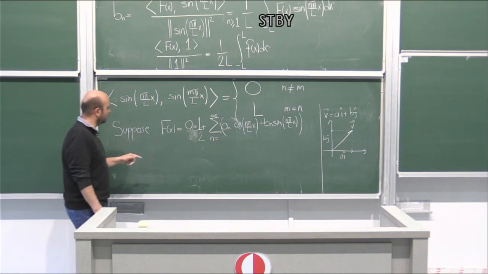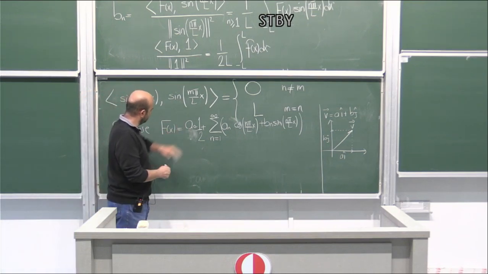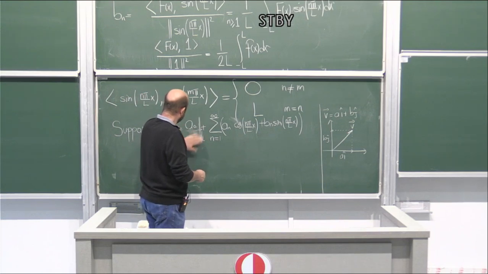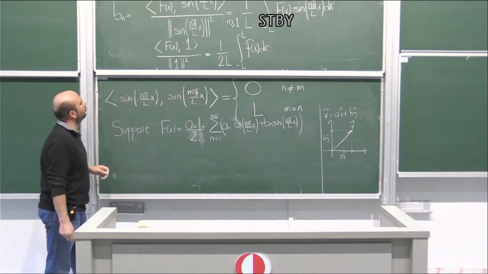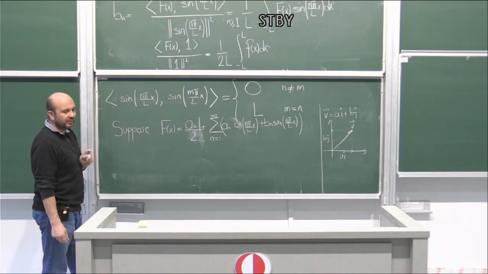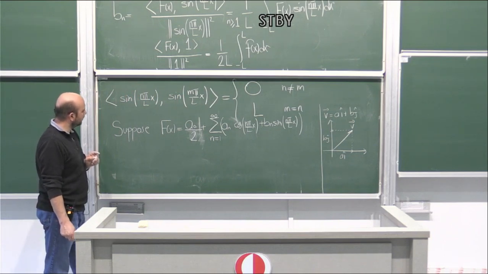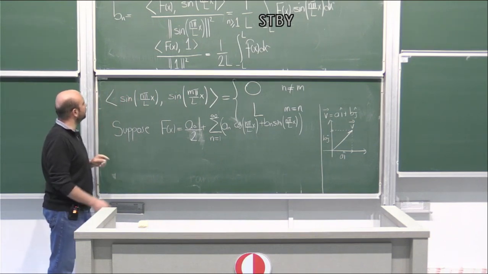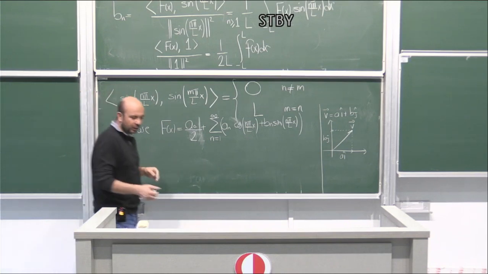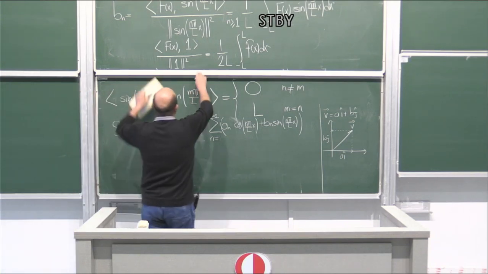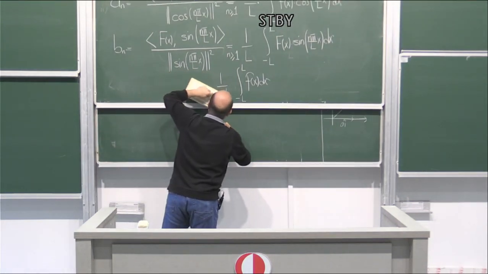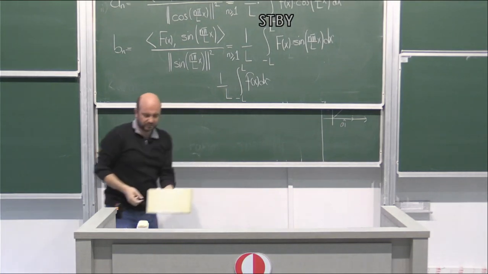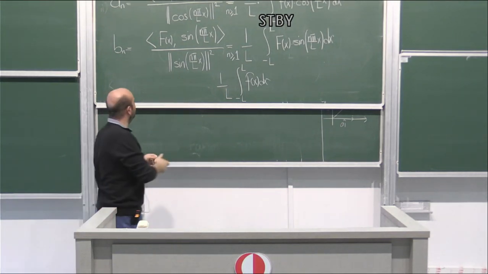If I think that way, over 2, so I'm projecting over the 1 over 2 direction, that automatically gives me this computation, not this one, but the following one.